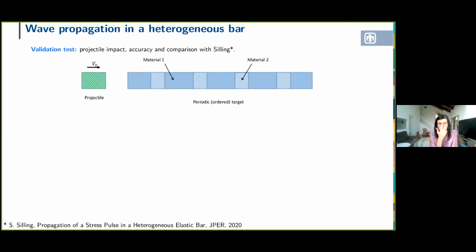The last example for this technique is to model this type of situation. We have a projectile that impacts, once again, a periodic target as displayed earlier. And once again, we want to use our kernel learned on plane waves on this example.